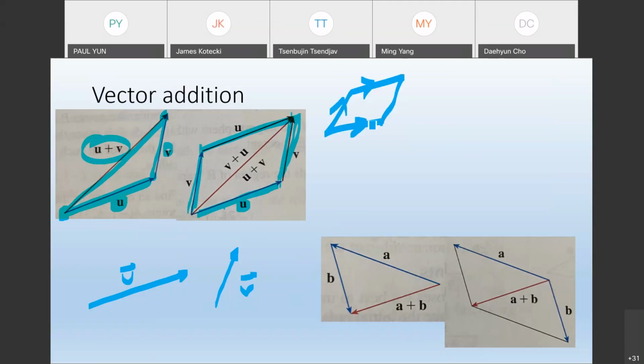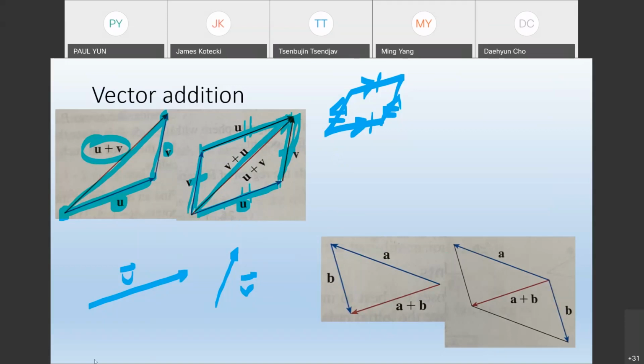Basic geometry, isn't it? Why is this a parallelogram? Parallel and same in length, so they must be the same vector. So then draw the parallelogram. This diagonal is u plus v.